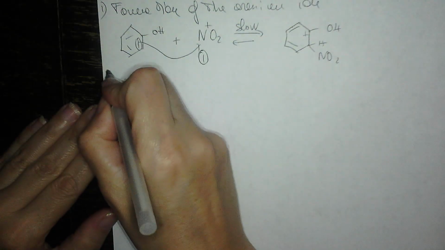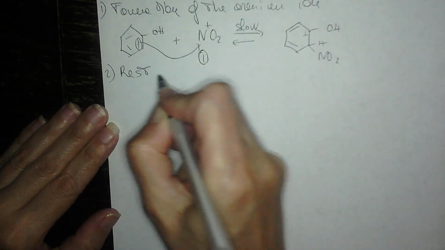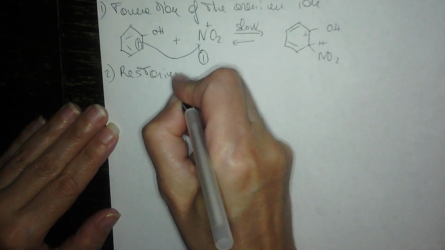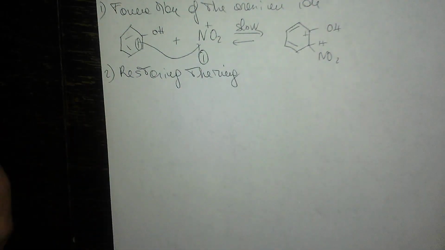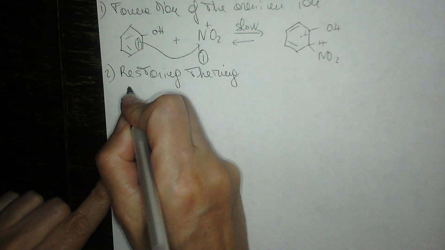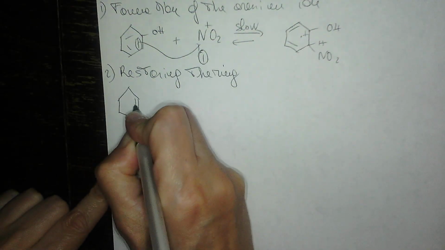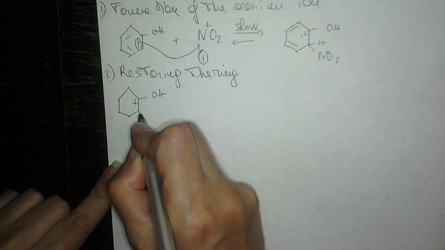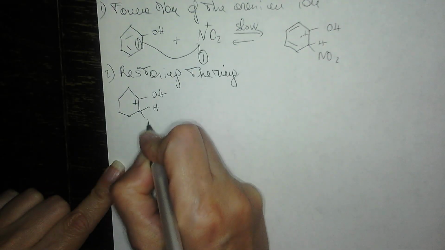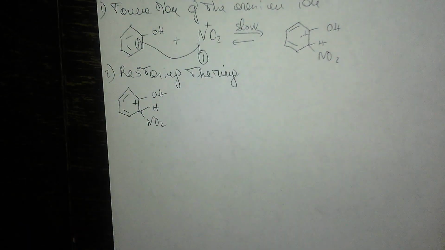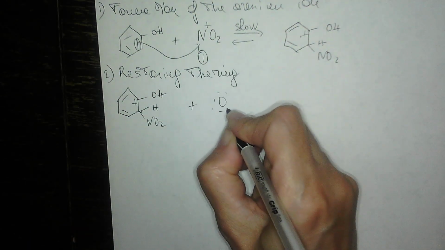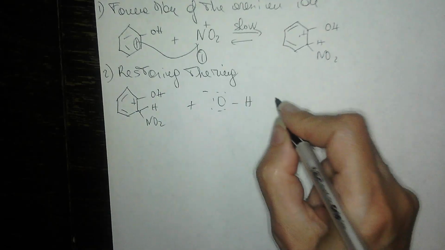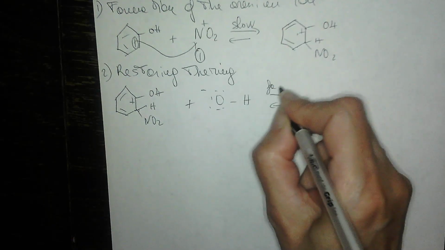Step 2, restoring the ring. I am restoring now the ring. I take this, OH, I have the H, NO2, double bond, double bond. What I'm going to use to restore the ring is the OH minus.